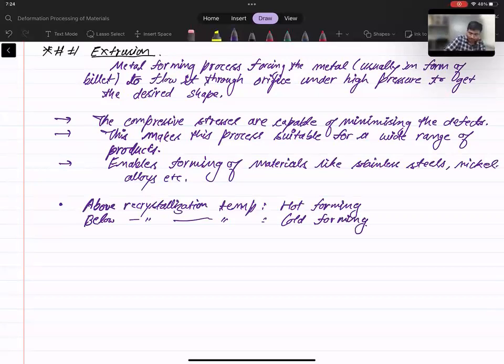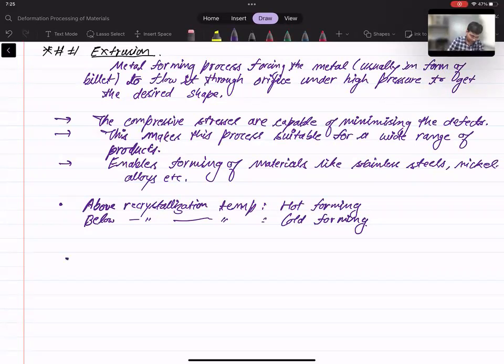Okay, and also generally shapes like circular cross sections or rod like shapes, cylindrical tubes, or L-shaped cross sections, etc., are formed using this process.